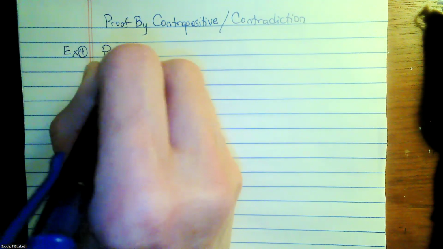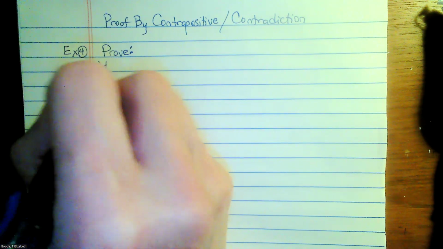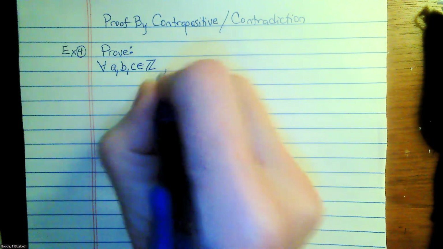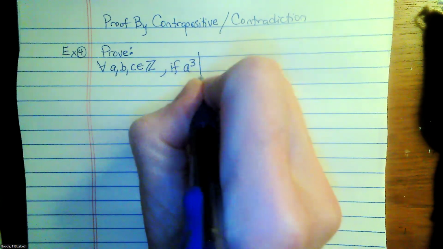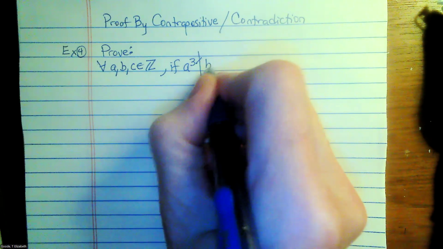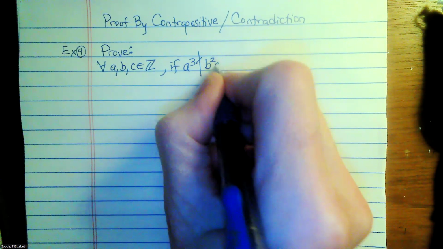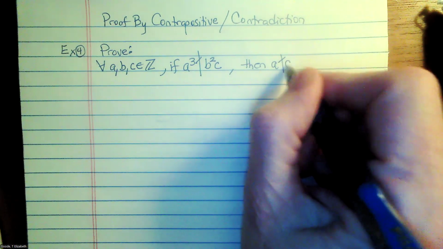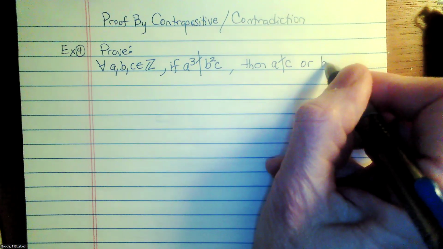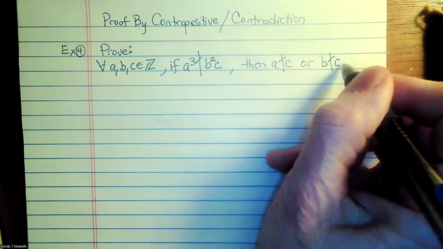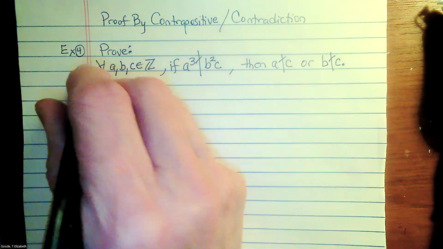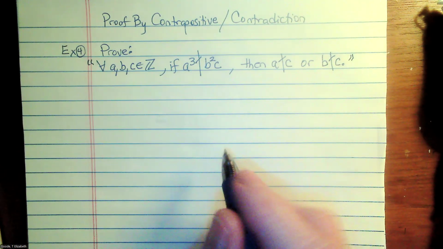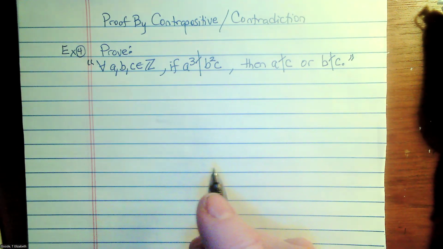Proof. For all A, B, and C in Z, if A cubed does not divide B squared C, then A does not divide C or B does not divide C. It does not divide zero.